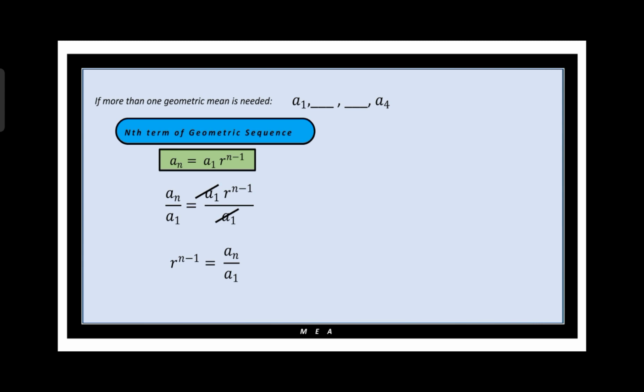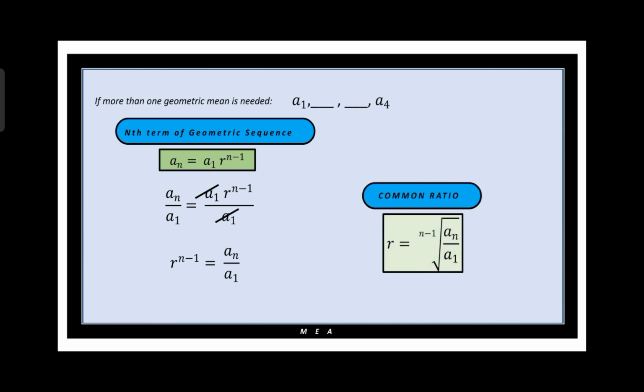Okay, we will apply again the square root property para mawala yung n minus 1 na dun sa r. You take the n minus 1 root of the other side, which is a sub n over a sub 1.